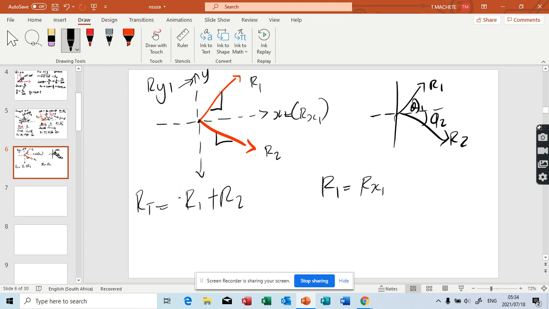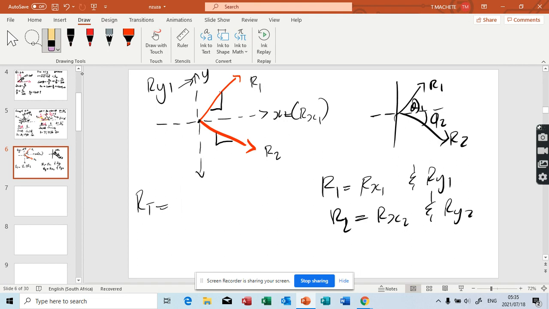So you're going to find your RX. R1 has got RX1 and RY1. And then R2 has got RX2 and RY2. Do you agree? So now what are you going to do to find RT? RT must be from your Y components.